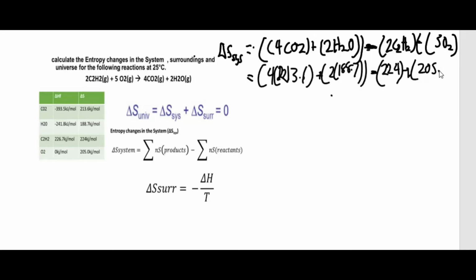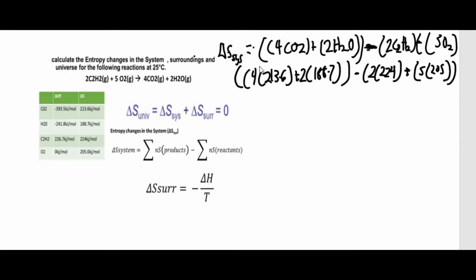Oh yeah, don't forget the coefficient here, times 2 times 5. Now, get the answer here. So let's get the calculator and then let's solve this.